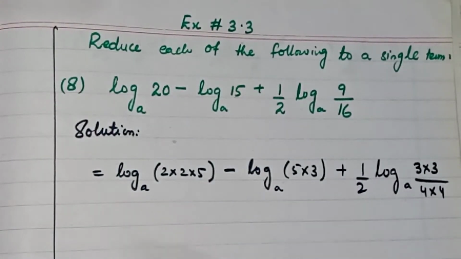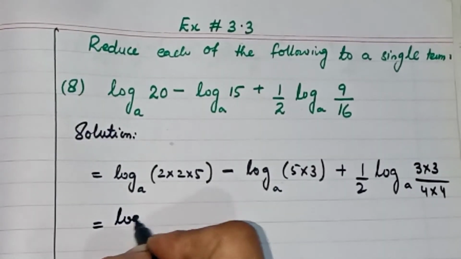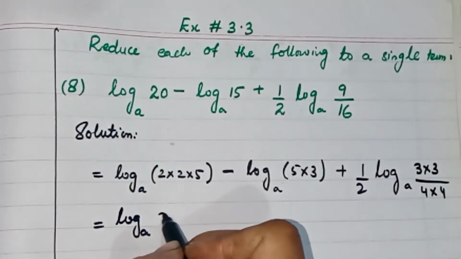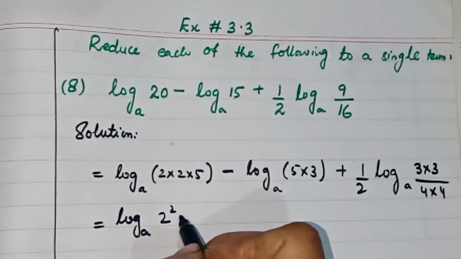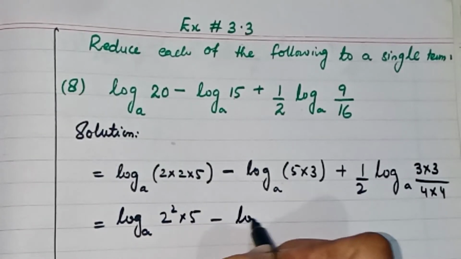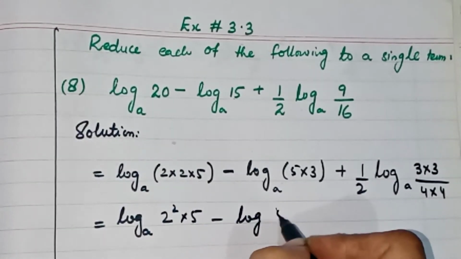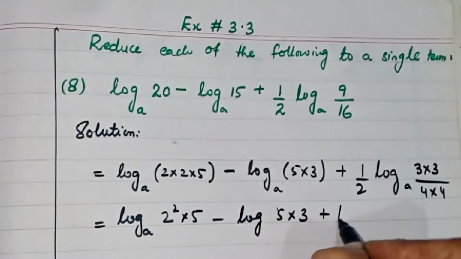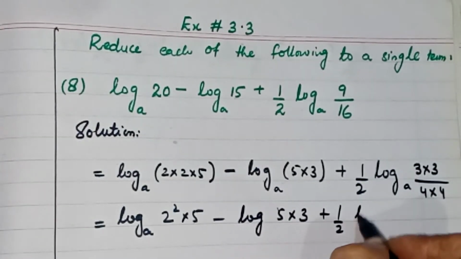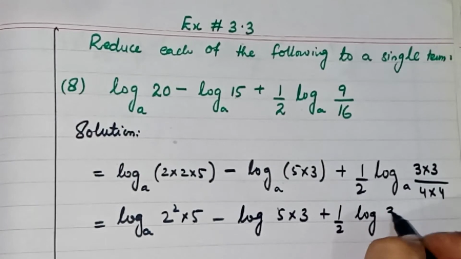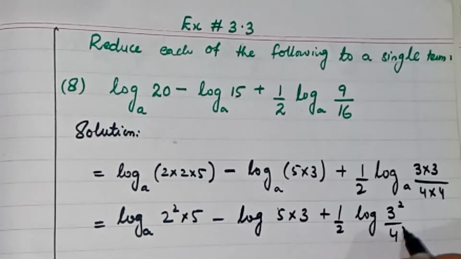So in the next step I have to write it like 2 square into 5 minus log of 5 into 3 plus half of log 3 into 3, which means 3 square upon 4 square.